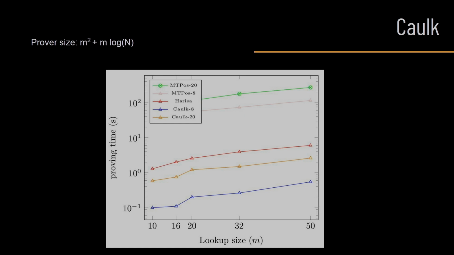But I will say that for sets of size 2 to the 23, 2 to the 25 already, Caulk performs worse than RSA accumulators. And also, as you see, our prover cost is m squared plus m times log n. So it depends logarithmically on the size of the big table, but quadratically on the size of the hidden set.